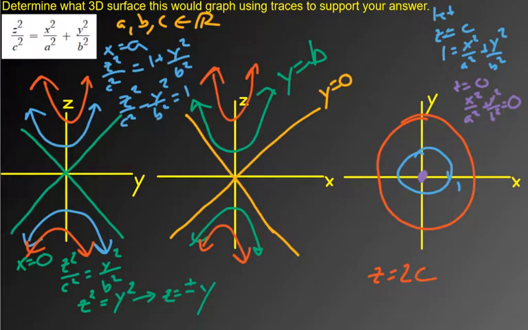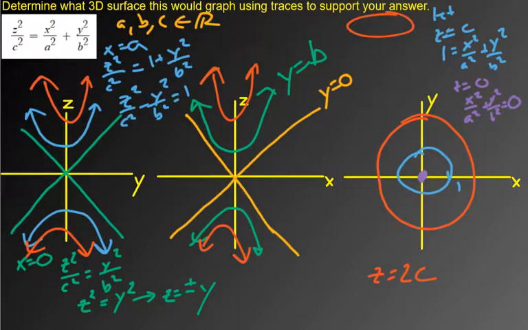So if you start to think about what this looks like, when you look top down on it, it looks like circles. But when you look at it from the side, you're going to get this weird hyperbola structure. And if you're looking at it kind of down this way, you see circles. So if you think about it, what you get is really a cone. I'm kind of running out of room, but I'll put it right here.